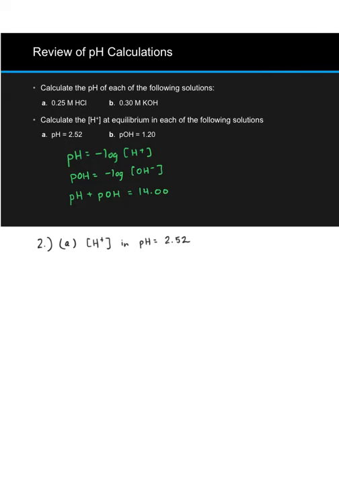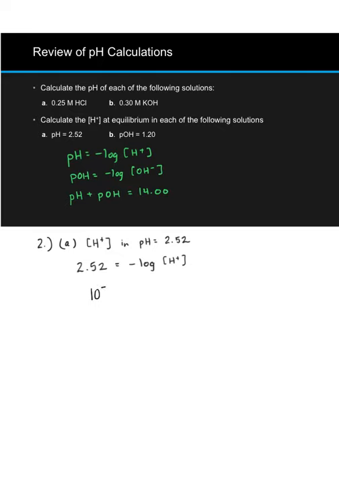Again, we'll have 2.52, the pH being equal to the negative log of the concentration of H+ cations. To undo this logarithm, we've got to move a negative sign over to the opposite side and raise 10 to the power of either side.